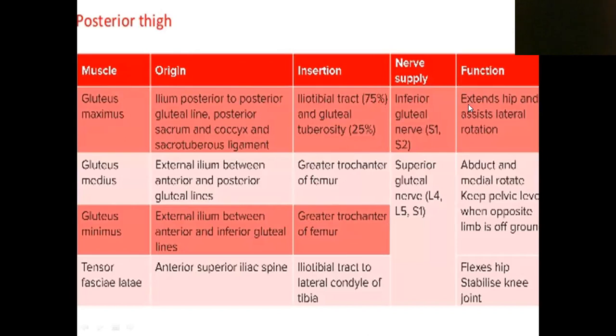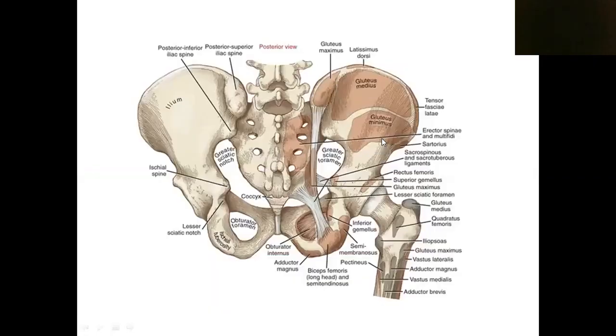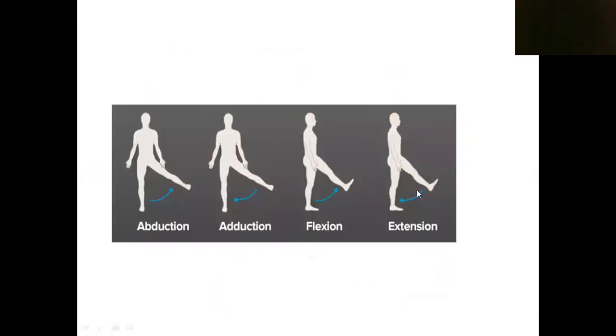What will be the action? It is a powerful extensor of the hip joint. What is extension? Now we have the flexed hip joint or flexed thigh. The backward movement is what extension is. When this flexed hip joint moves backward, that movement is known as extension. These arrows represent the direction of movement in extension.